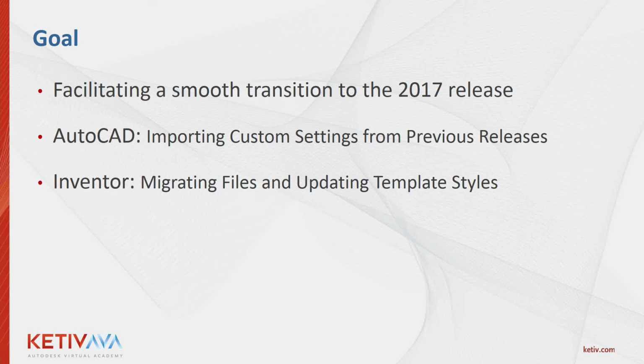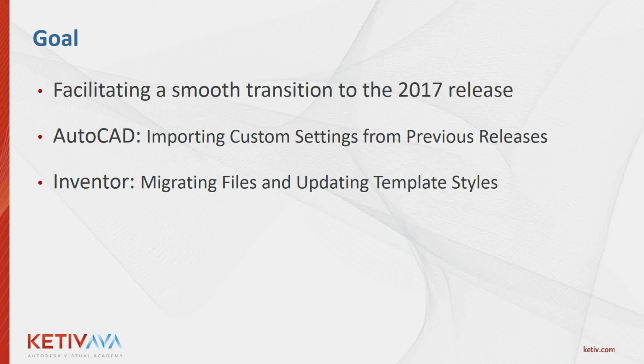For AutoCAD, I want to talk about your workspace, the workspace that you were comfortable with. Maybe you customized it a little bit, added a few ribbons, took away some stuff. We want to make that usable in 2017 without creating too much of a mess.